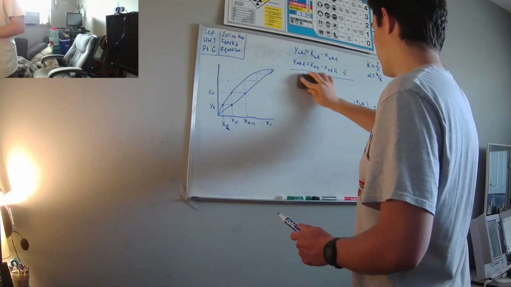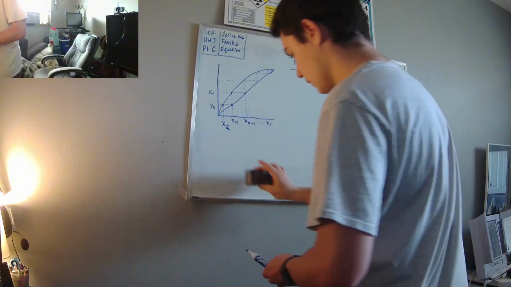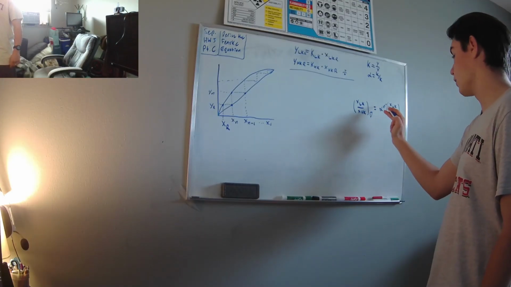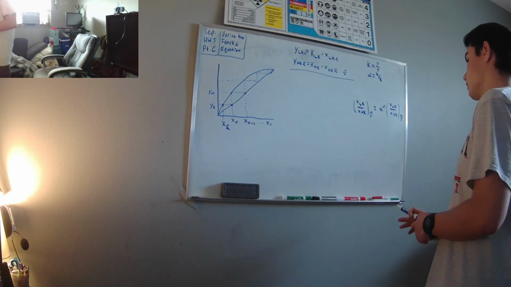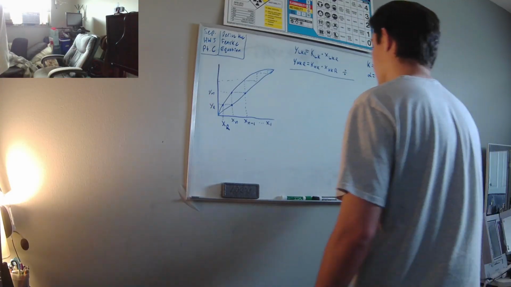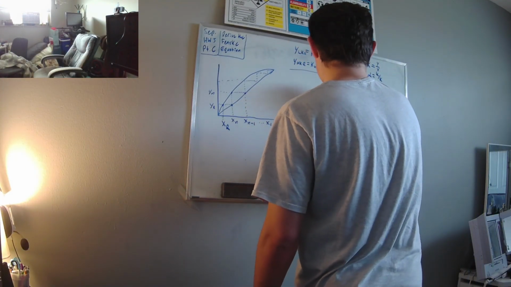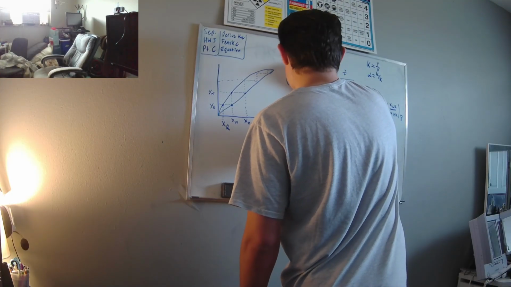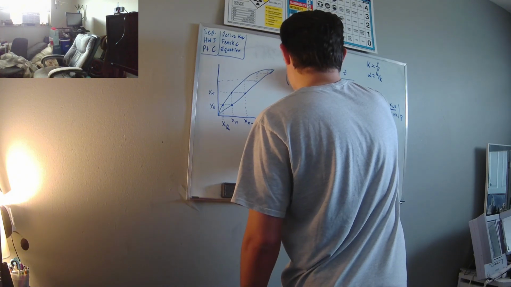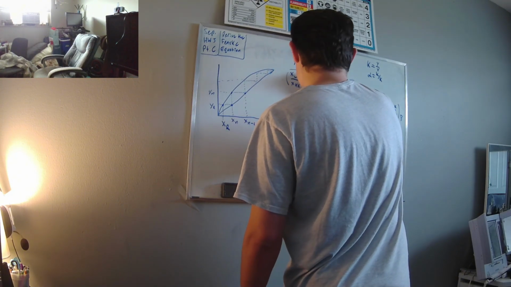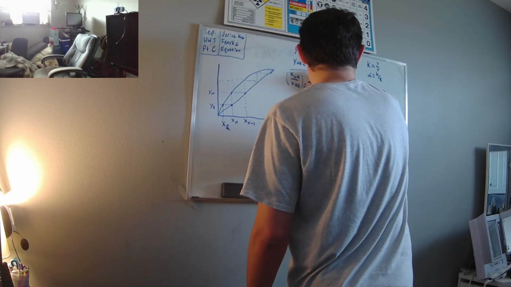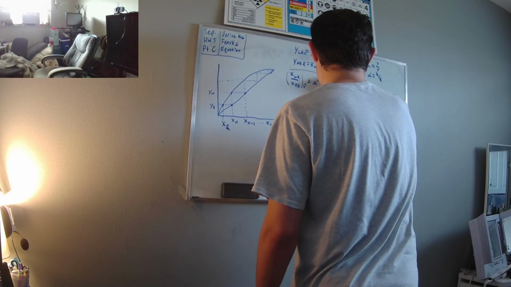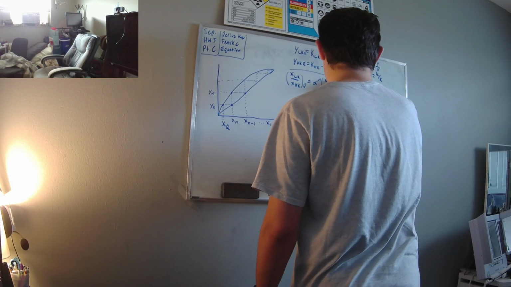Once we erase all of our derivation work here, we can solve this expression for our N, our number of stages, to get our Fenske expression, which tells us how many stages we need for these given compositions. So I'm going to move this over to here so we get a little more room to work. For XLK over XHK, our distillate equals alpha to the N times XLK over XHK for bottoms.